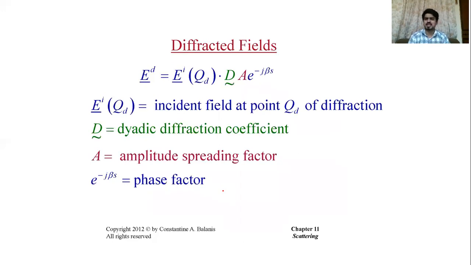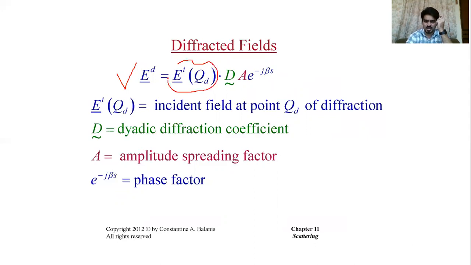So when you have this kind of diffraction from the edges, the diffracted fields are given by this expression. If you remember, this is similar to the way we define reflected fields. When we had reflected fields from the face of the structure, those reflected fields are proportional to the incident field, right?